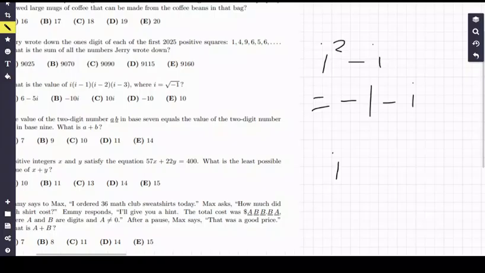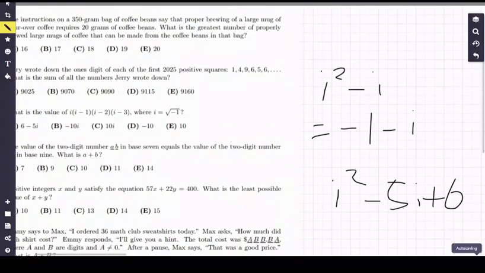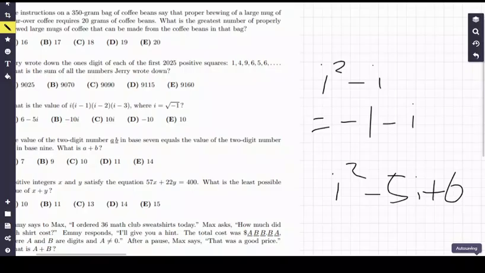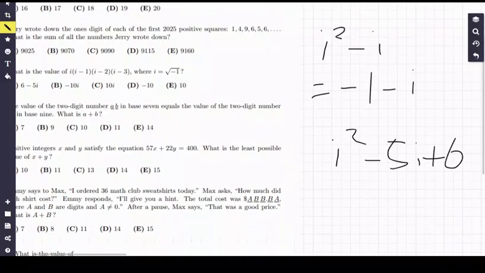It's i squared minus 5i plus 6. Now this can be simplified, remembering i squared is negative 1, to negative 5i plus 5. Right?